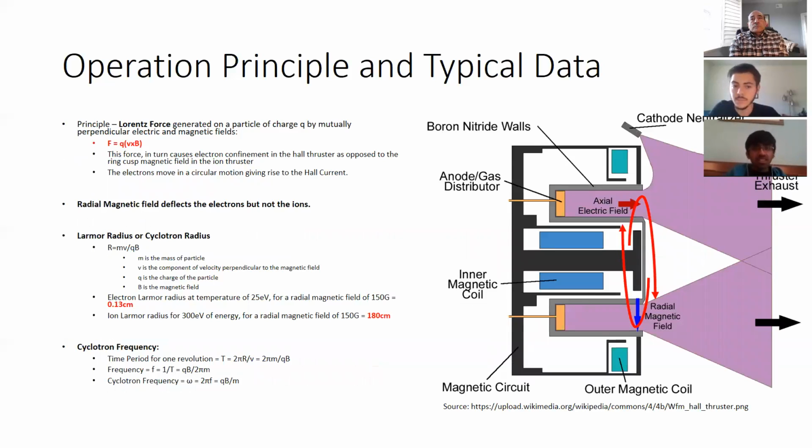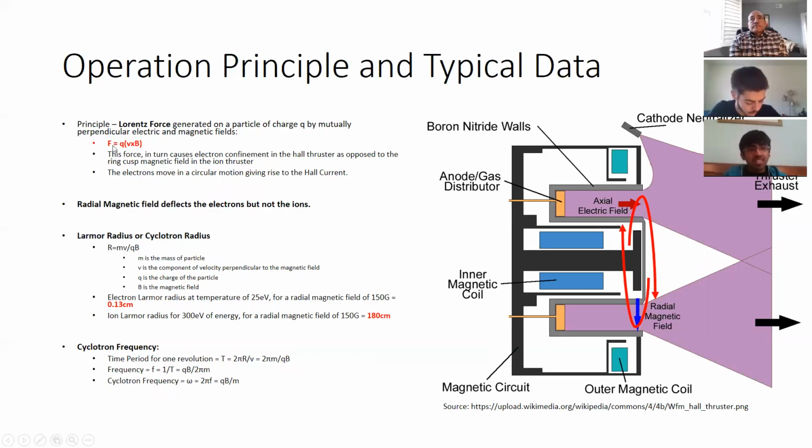Next, a little more data about the principle. The principle of electron confinement, which basically confines these electrons in the region of highest magnetic field, is based on the Lorentz force. The Lorentz force is generated on a particle of charge q by mutually perpendicular electric and magnetic fields.